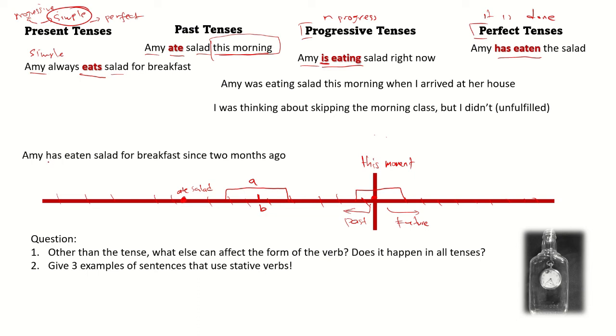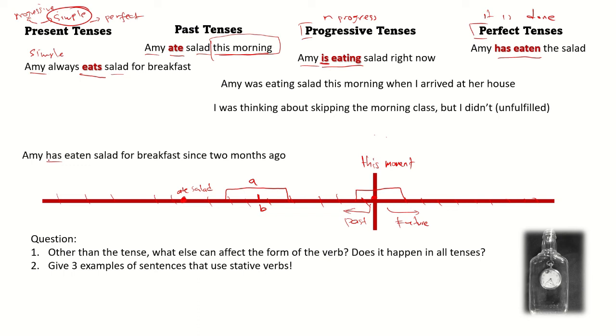Now, since it uses has here, it indicates that the perfect tenses is in the present form. Okay, but actually, like I said before, the present perfect tenses is not really happening in the present. It's just happened in the point of view of the speaker. Amy has eaten salad for breakfast since 2 months ago.